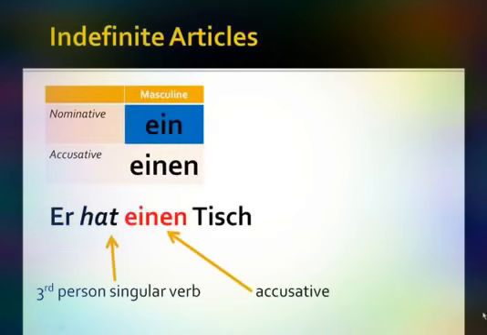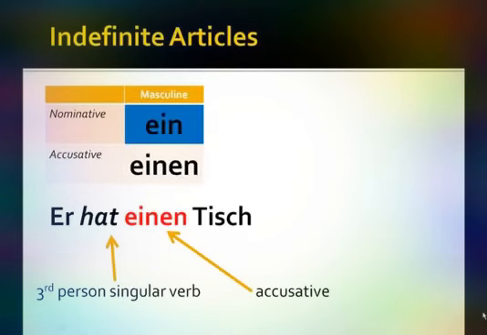Something receives the action of being had, that is a table. Therefore, this table now is going to be in the accusative environment, it receives the action of being had. Now, I'm going to reflect this change. I need to use the accusative masculine form of the indefinite article, einen. It changes from nominative to accusative.